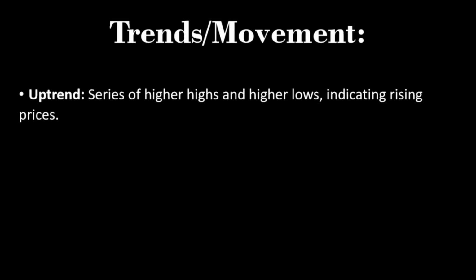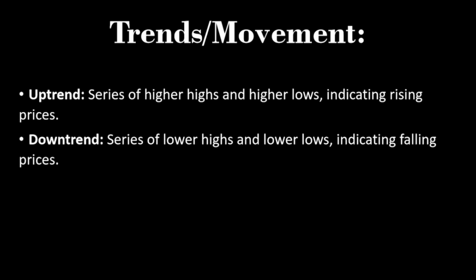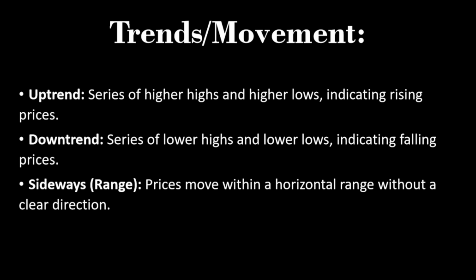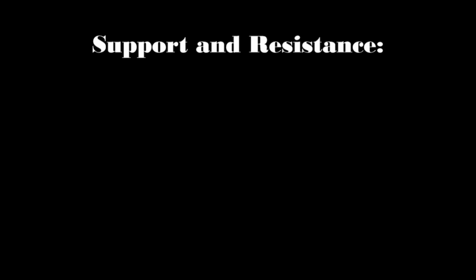Trends and movements: an uptrend is a series of higher highs and higher lows indicating rising price. We have treated this in the other video. The same thing happens in a downtrend. Sideways: prices move within a horizontal range without clear direction. All these are technical analysis. It's via technical analysis that you can understand this.